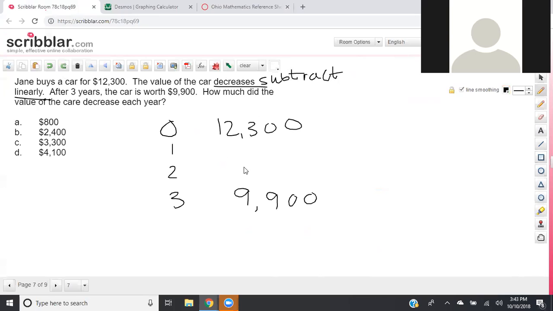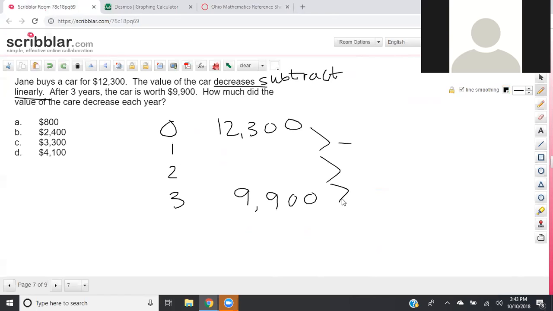It could just decrease in any way. Maybe she went to 12,000 and then down to 1,300. There's no pattern, it's just going down. But when it decreases linearly, it has to decrease by the same amount every time.